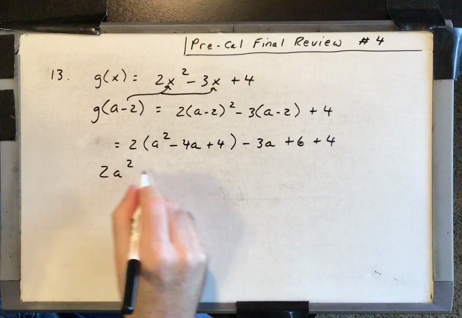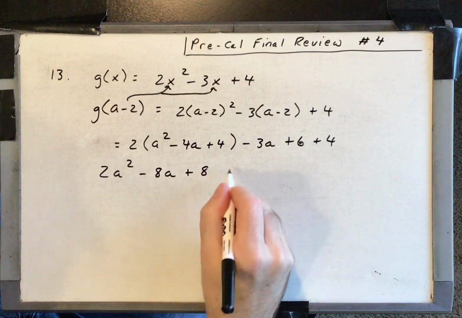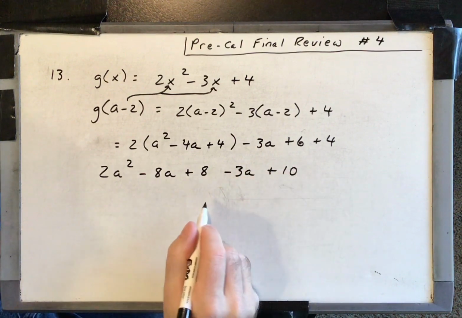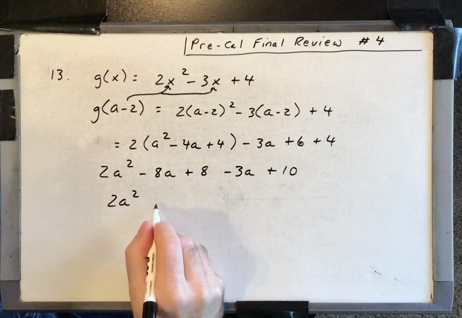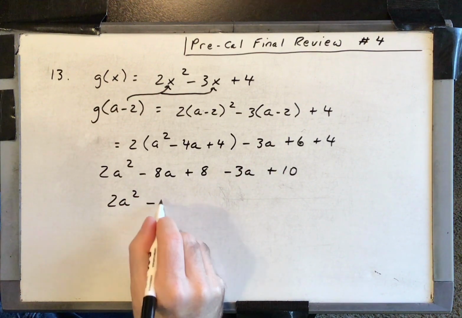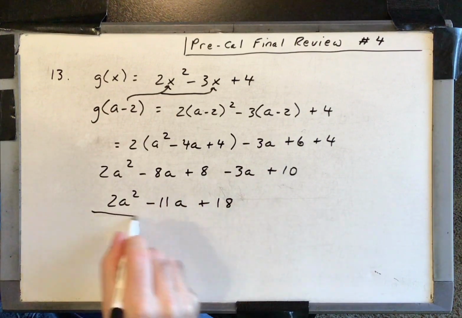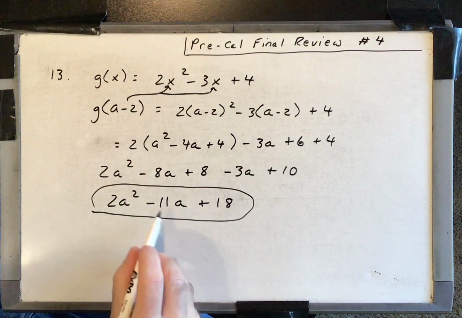So that's 2a squared minus 8a plus 8 minus 3a plus 10. 2a squared minus 11a plus 18. And that's combining all the like terms. And that's all as far as you need to take it.